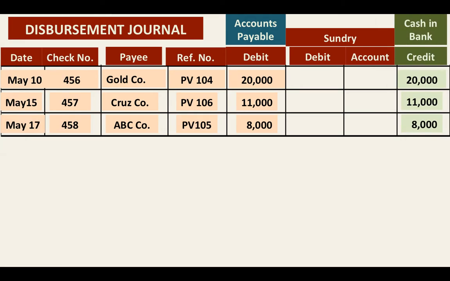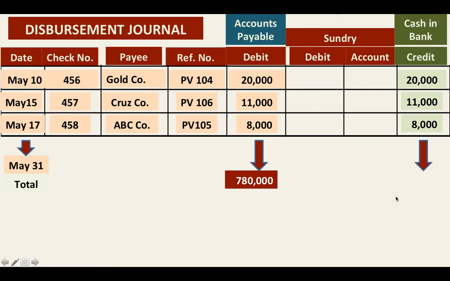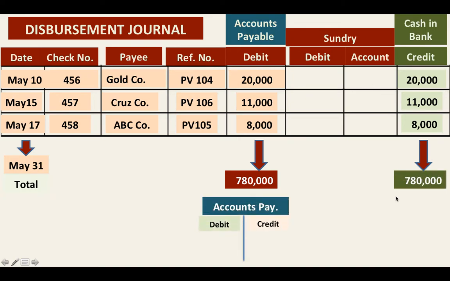Okay, for disbursement journal, ganun din. We will do this up to the end of the month, get their respective totals, assuming that the total nitong accounts payable, debit column natin is 780,000 and cash in bank of credit will also be the same at 780,000. So we will extract.